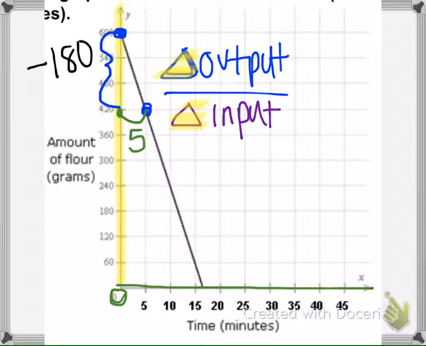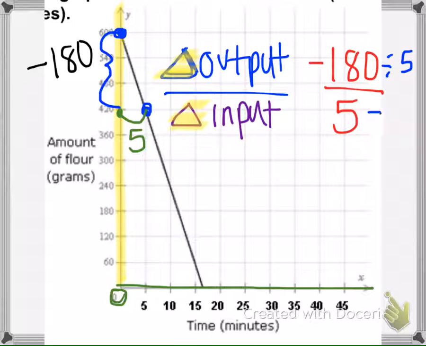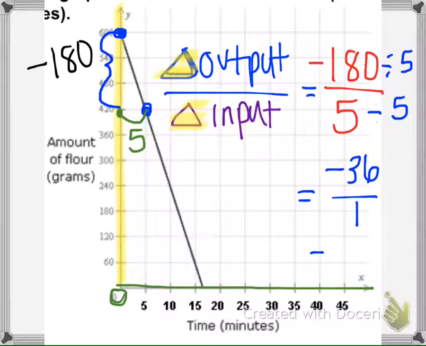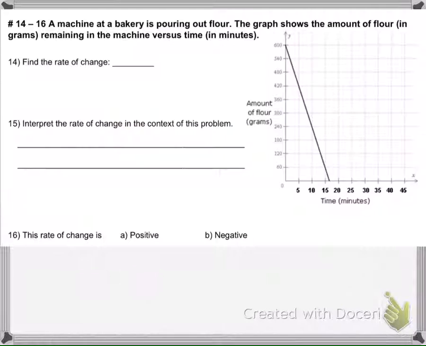So to find the rate of change, we take negative 180 over 5. And then we would simplify it. 5 goes into both of them, and we get negative 36 over 1, which is just negative 36. So we would say for number 14, the rate of change is negative 36.